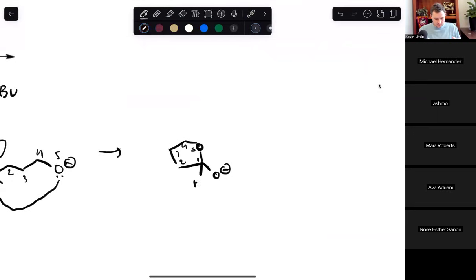Because if I look at this, a carbon and a negatively charged oxygen. So this is a tetrahedral intermediate, and there's no leaving group or kicking group here, right? The carbon, the negatively charged oxygen, the hydrogen can't be a leaving group.